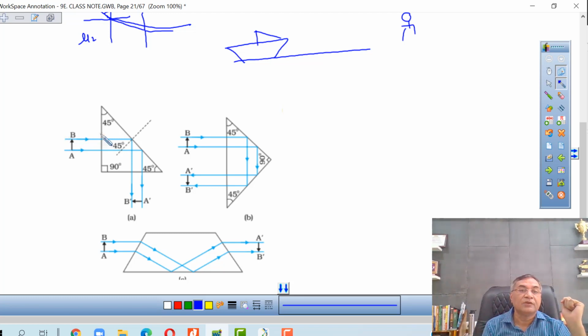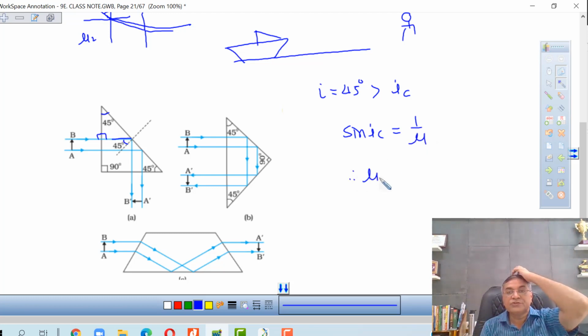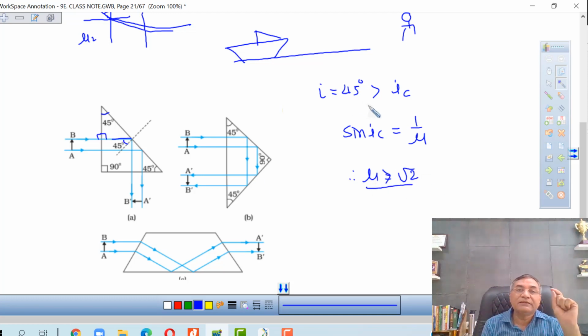So here a ray comes. If the angle of incidence is 0, the angle of reflection is also 0. When it strikes here, the angle is 45, you can show this is also 45. So if I is equal to 45 degree, this must be greater than IC. What should be the refractive index of the prism? sin IC is equal to 1 upon mu, and therefore mu is equal to √2. So if it is √2 or greater, then total internal reflection takes place. mu should be a little more than √2.